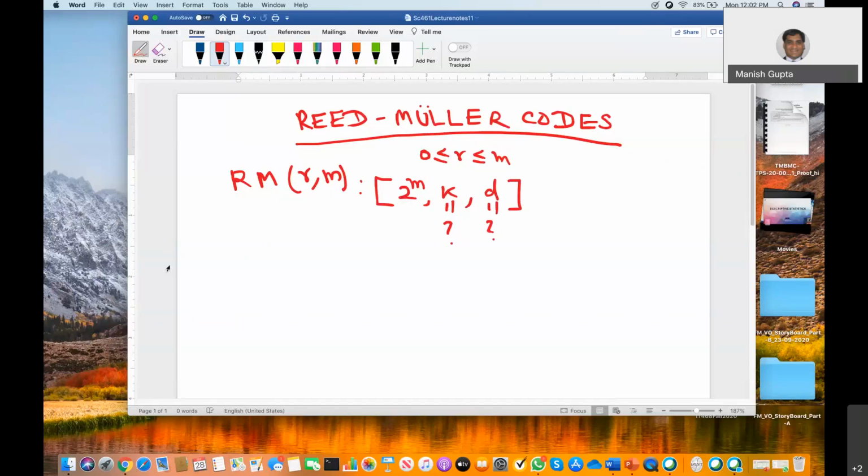Okay, so one way of saying that is these are nothing but the set of all vectors f, where f(v1, v2, ..., vm) is a Boolean function.